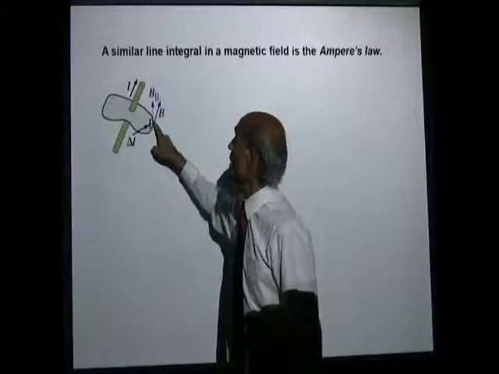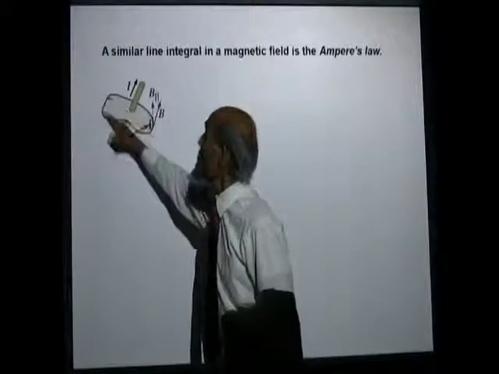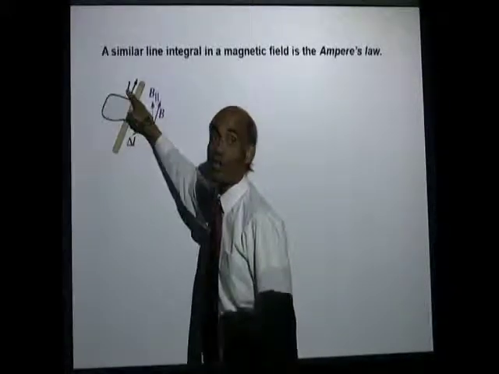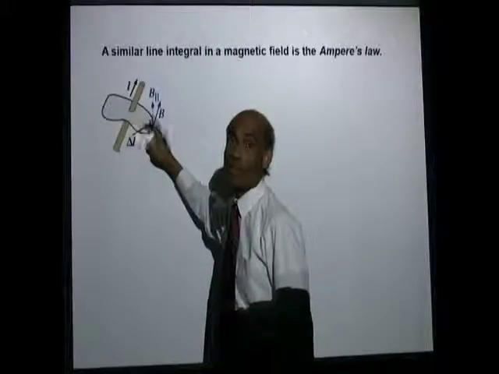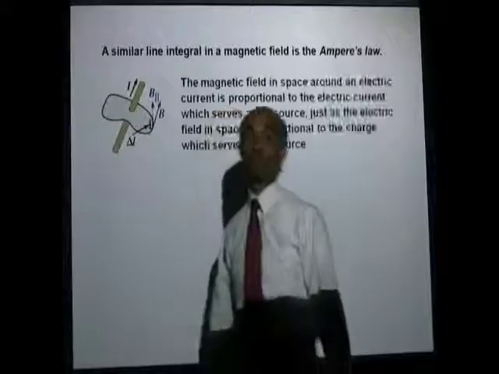In other words, delta L times B integrated along the length of the curve is a measure of the amount of current inside the loop.